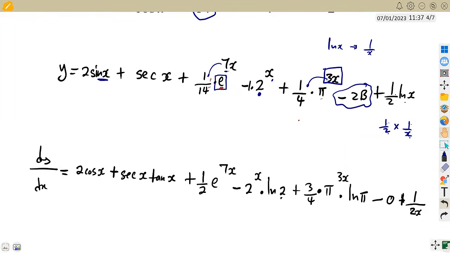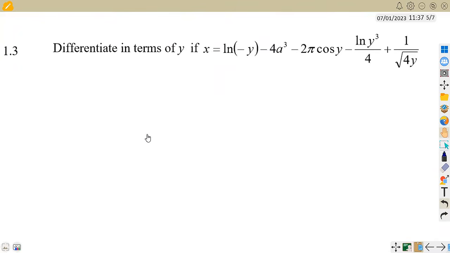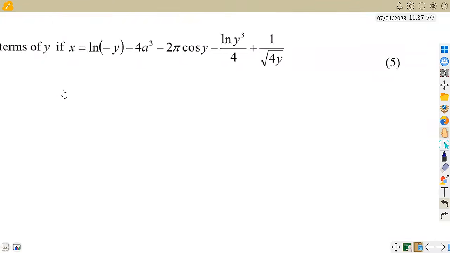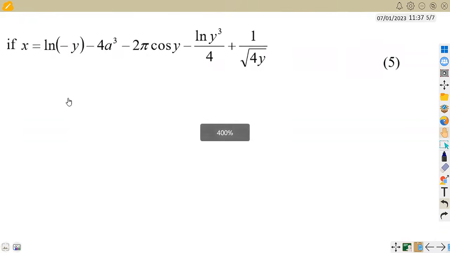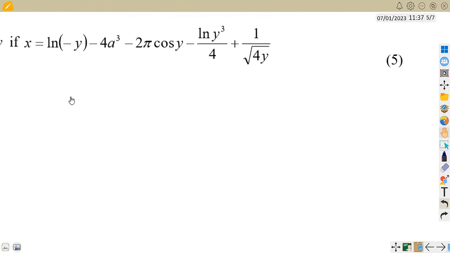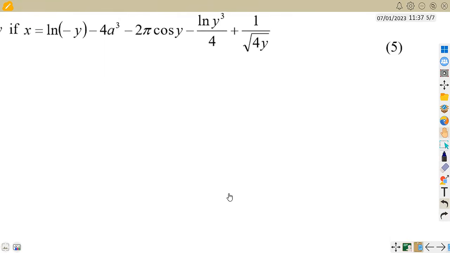All right, so let us check here if we have got other part. If you check on 1.3, another question that we are given, it was to differentiate in terms of y in this case. So if we check here, this is an expression that we are given. It's in terms of y, but we are given that if x is equal to, take note what we have this time. This is of x. So, but the concept does not even change.